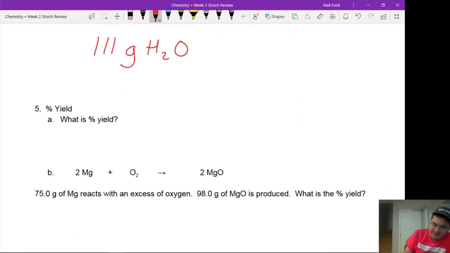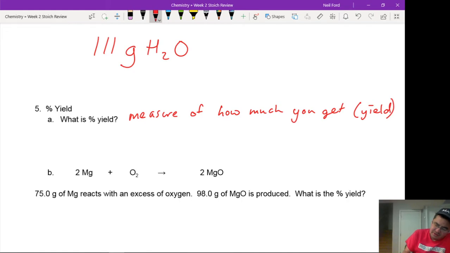Okay, what is percent yield? It's a measure of how much you get, okay, which is called a yield, versus how much you expected to get.